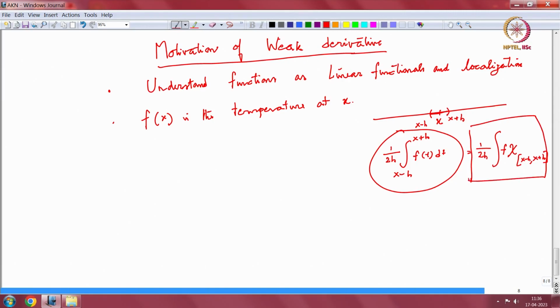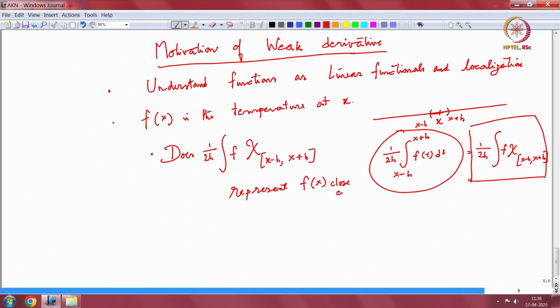So, the question is, does this quantity, the average 1 over 2h integral of f times the characteristic function of x minus h to x plus h, represent f of x close enough?